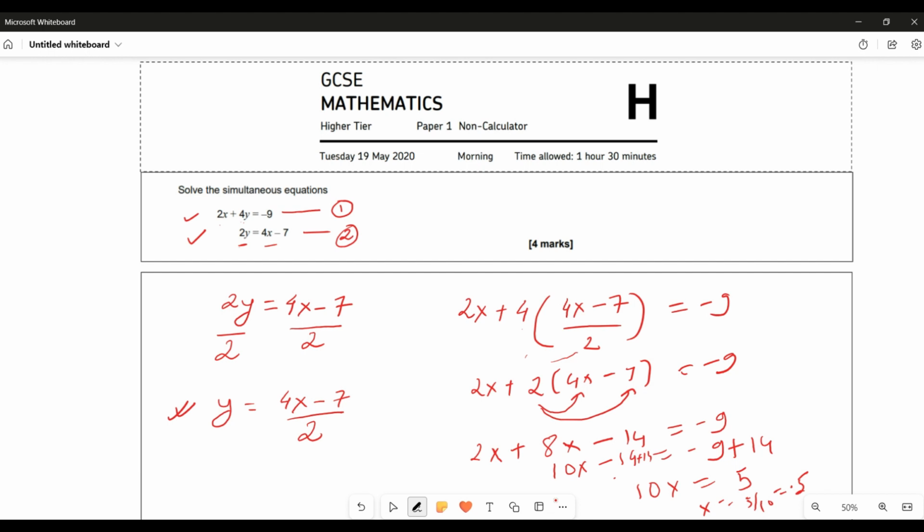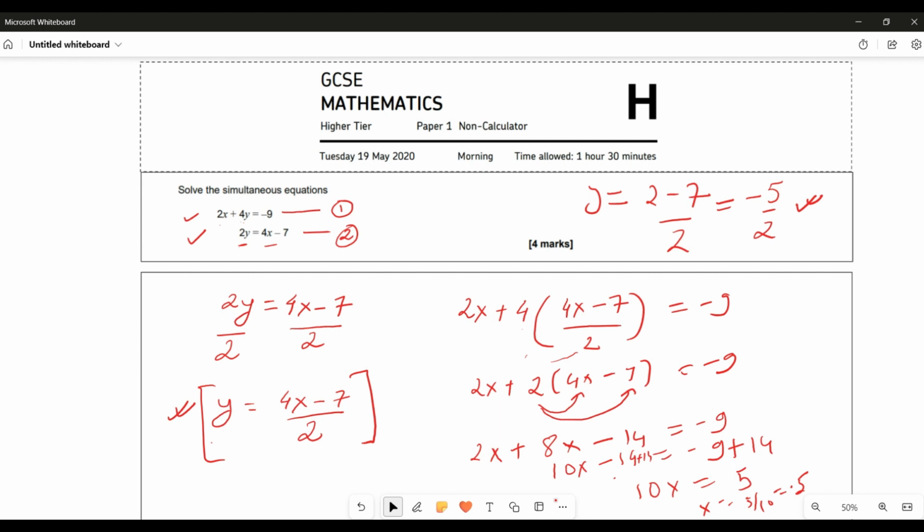Or you can substitute it directly into the equation we identified earlier. So y equals 4 times 0.5, which is 2, take away 7, divided by 2. So y equals negative 5 over 2, and that will be our answer.